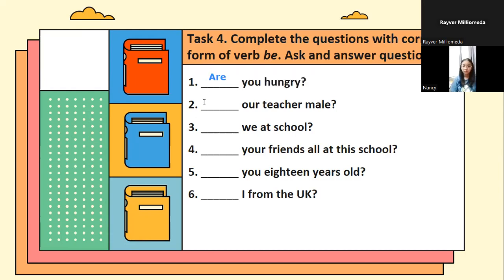How about number 2? Are our teacher male? Okay, number 3. Are we at school? Number 4. Are your friends are at the school?